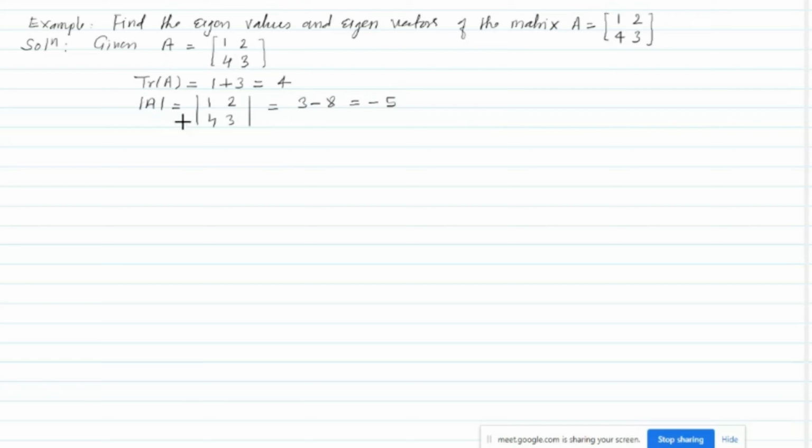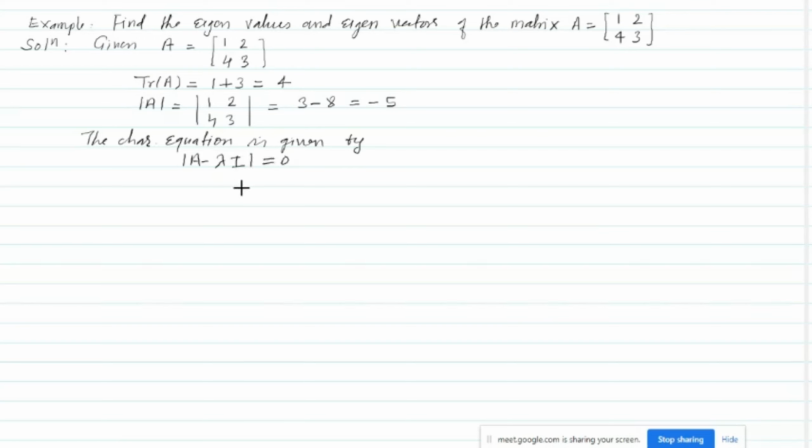Okay, now what I have to do, have to find the characteristic equation first. So the characteristic equation is given by: A minus lambda I is equal to 0.